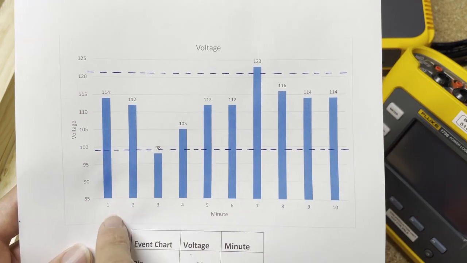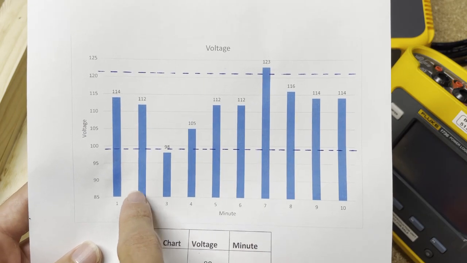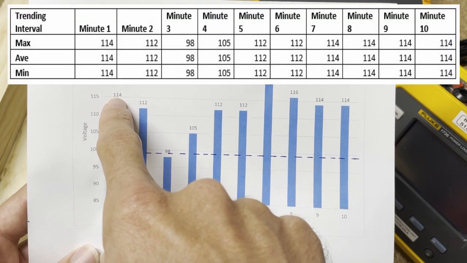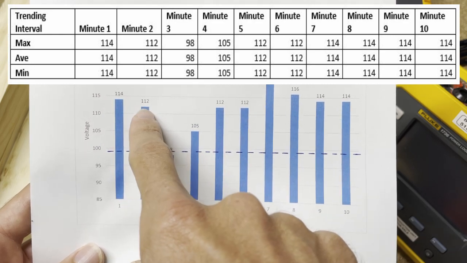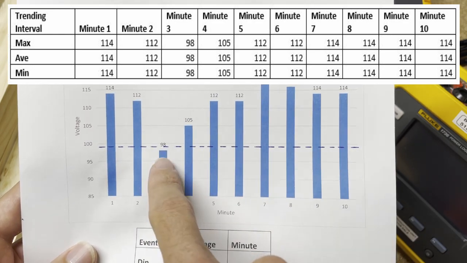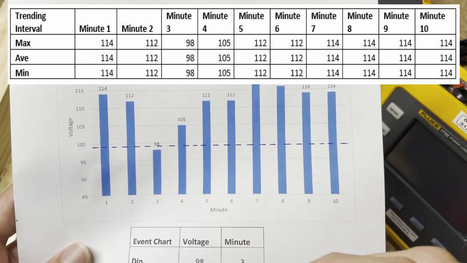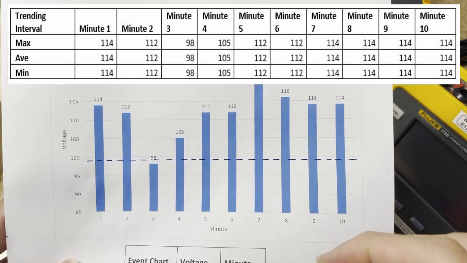Then it would show you minute 2. So min, max, and average for minute 1 was 114. Min, max, average for minute 2, 112. And so on the whole way, if we had a trending interval of 1 minute.